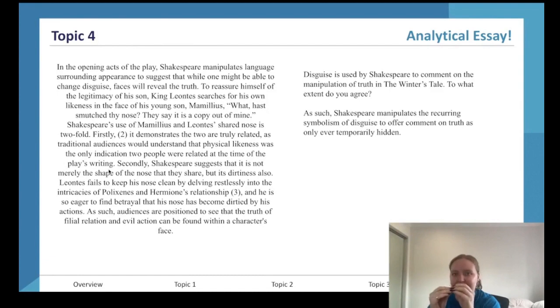So we've got analysis mixed in with audience positioning there. And secondly, Shakespeare suggests that it is not merely the shape of the nose that they share, but its dirtiness also. Leontes fails to keep his nose clean by delving restlessly into the intricacies of Polixenes and Hermione's relationship, and he is so eager to find betrayal that his nose has become dirtied by his actions. So there is your analysis there.